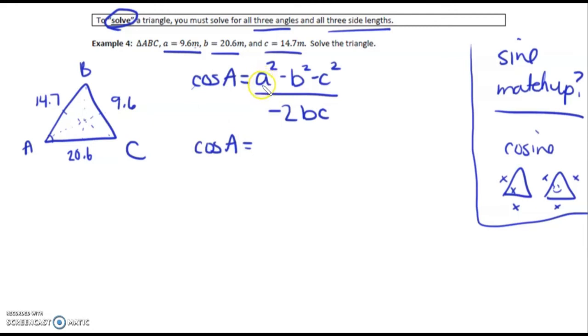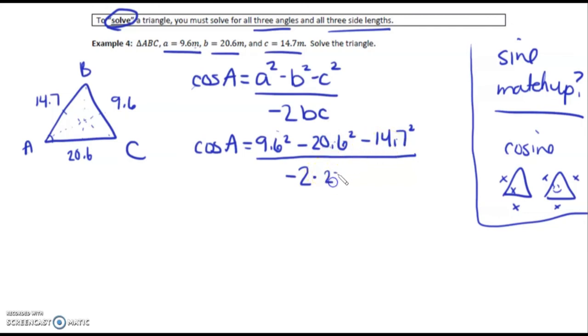Now we're going to sub in side a is 9.6, minus side b is 20.6, and side c is 14.7, and all of these are squared. And we're going to have a denominator of negative 2 times bc, so it's going to be these last two numbers here, 20.6 times 14.7.